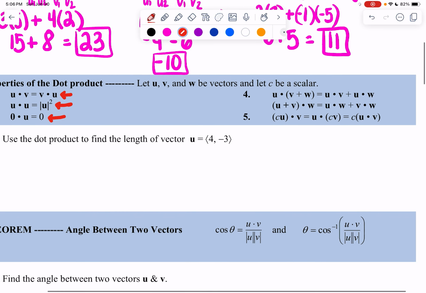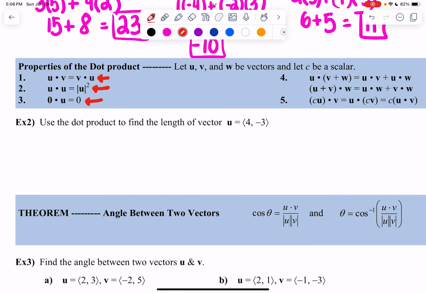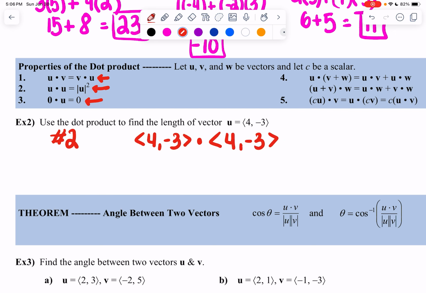Okay. But what I would focus on is how do we find the length of the vector? Well, if we're trying to find the length, we're in other words trying to find what's known as the magnitude. So I'm going to use property number 2 up there, and I'm going to say, okay, if I multiply the u vector by itself, like this, you can use property number 2, where it's basically the magnitude, which is the square root of 4 squared plus that second part is going to be negative 3 squared.